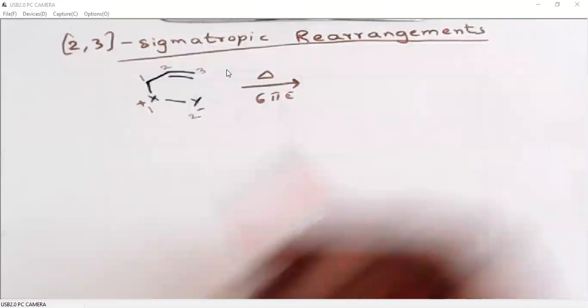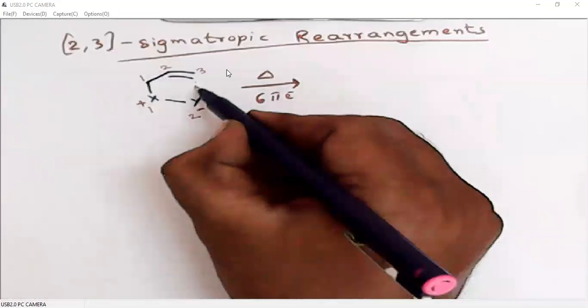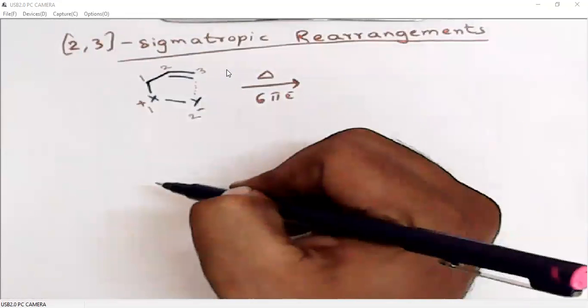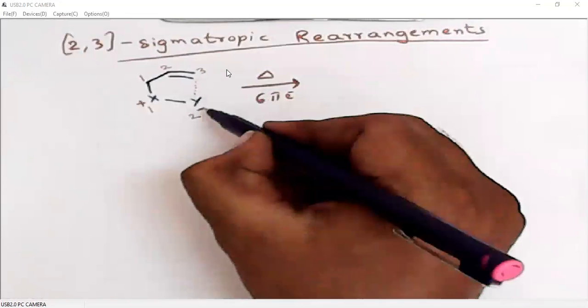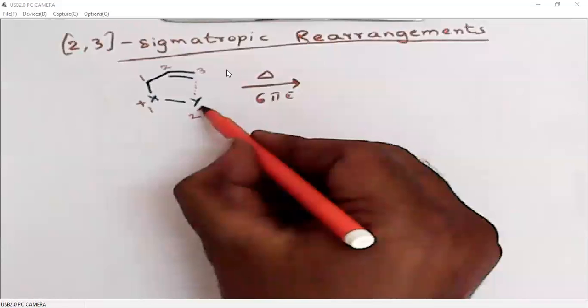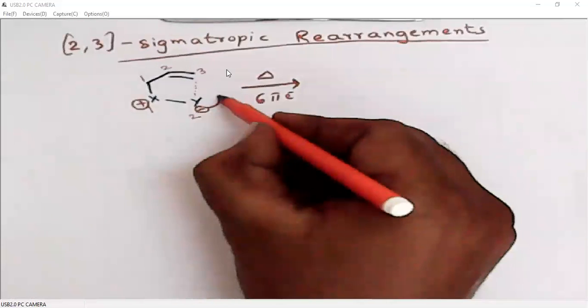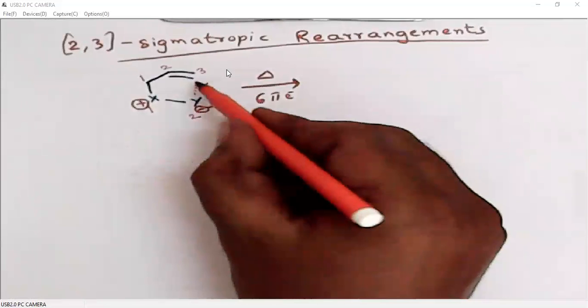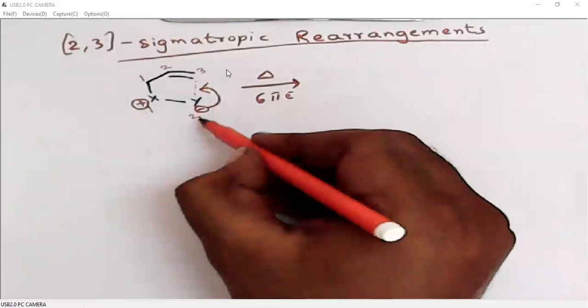It undergoes 3,2 sigma bond generation because it is negatively charged. The electrons can be polarized towards carbon 3 so that we can generate a sigma bond between 2 and 3.